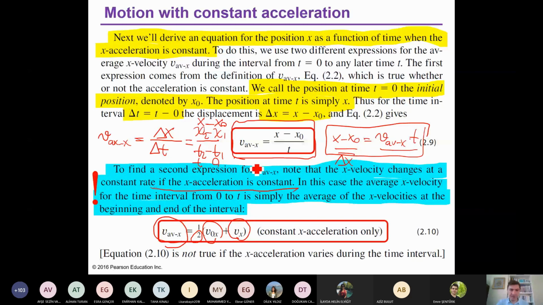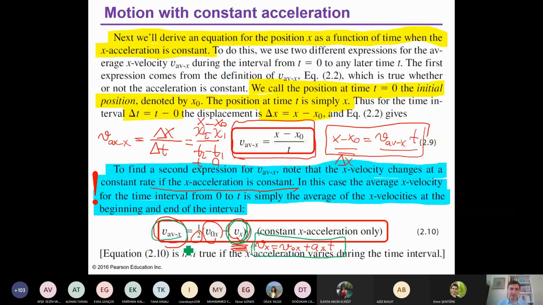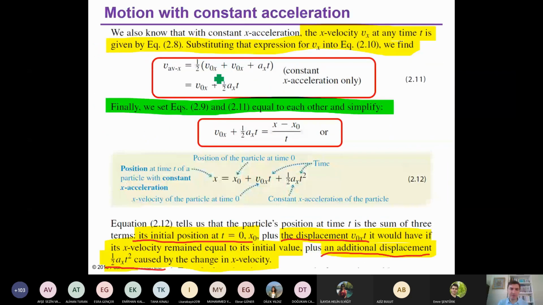Here we have x velocity, you see, within this equation. X velocity is equal to v0x plus axt, right? And just use it here, okay? Instead of vx, we have v0x plus axt. Then finally we have this relation, v0x plus 1/2 axt.